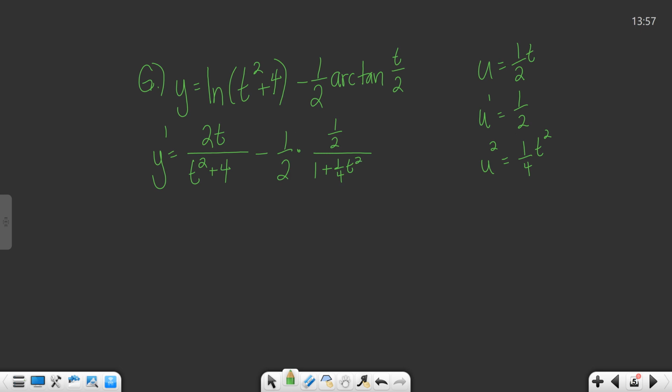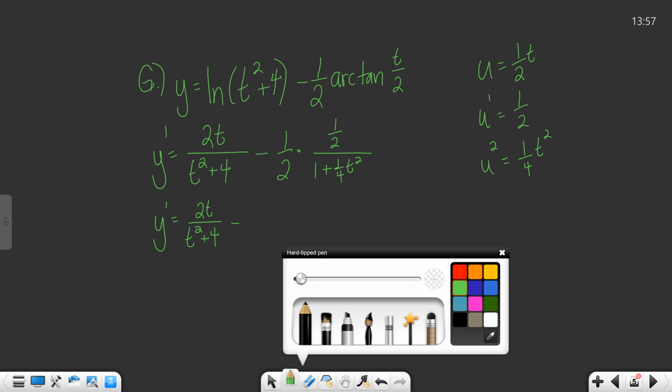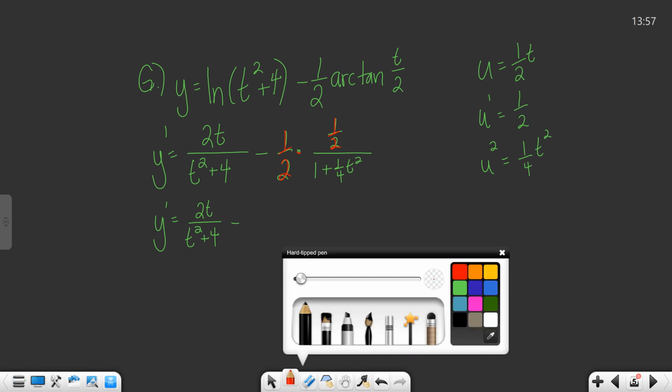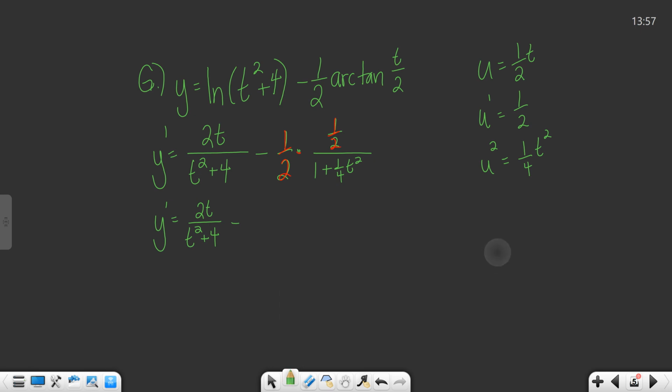Now watch what happens. I'm going to do a little bit of simplification on this one as well. Nothing I can do with this fraction, but what I'm going to do is multiply the 1/2 times the 1/2, so I get my 1/4 times that.